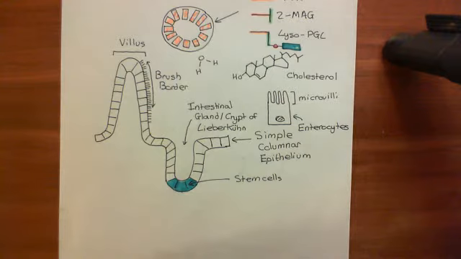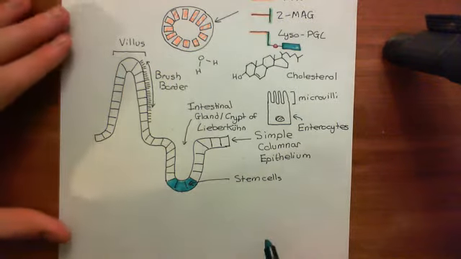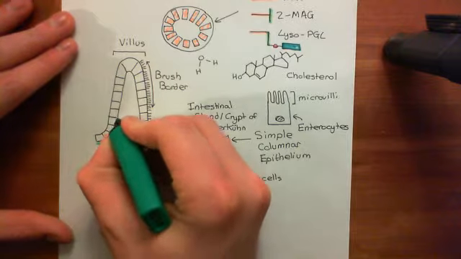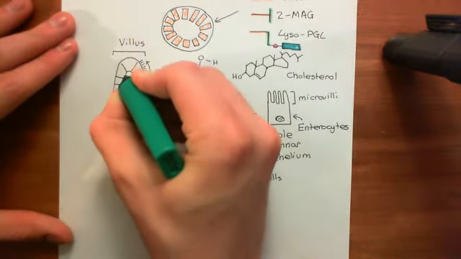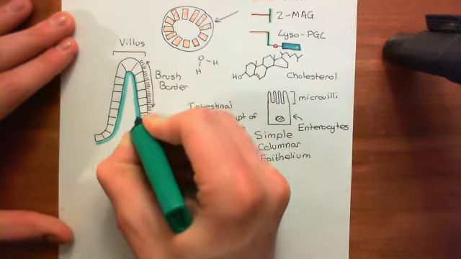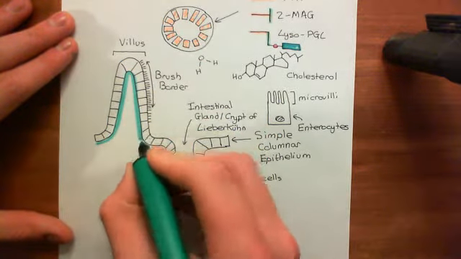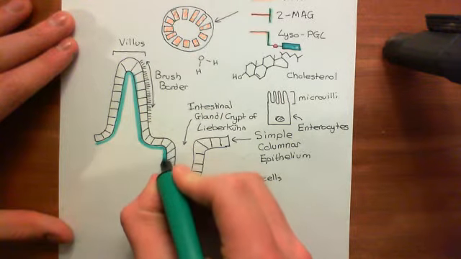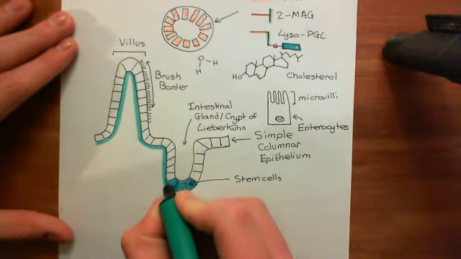Now, the next thing I want to show is what are all of these enterocytes sitting on? Well, all epithelia, no matter which epithelium you're talking about, have what is known as a basement membrane underneath them. This basement membrane is a support for the cells.